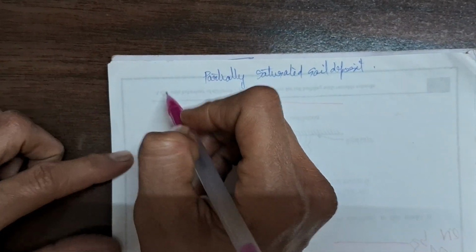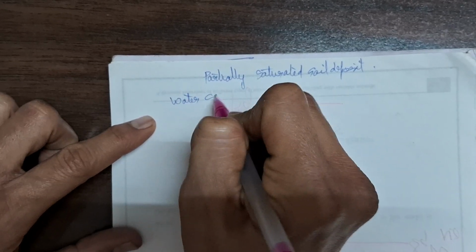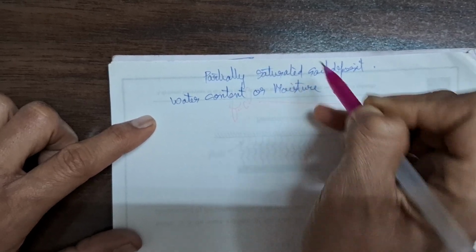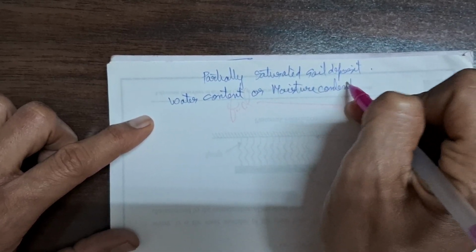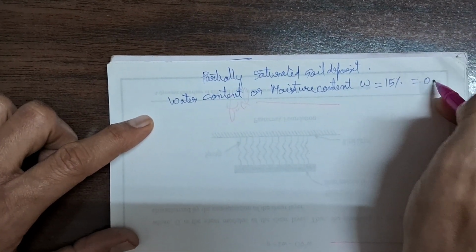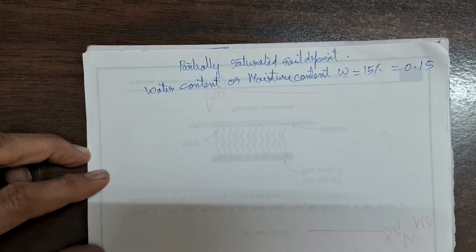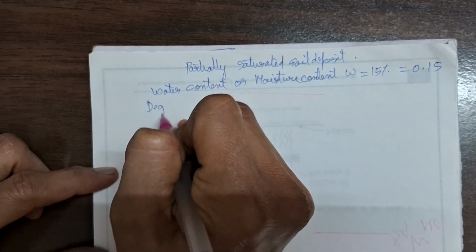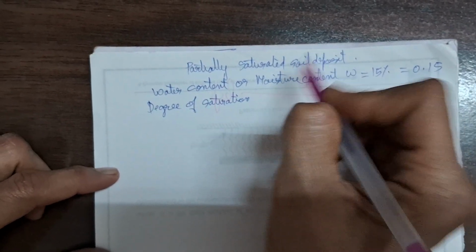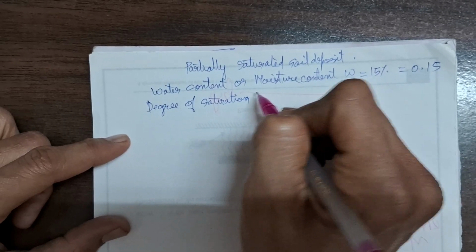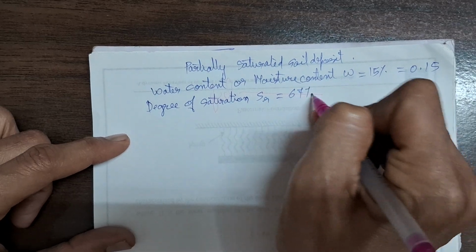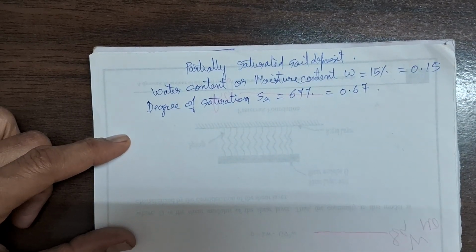Now here water content, also known as moisture content, both are one and the same thing, denoted by w, that is 15%. In decimal we will be writing as 0.15. Now degree of saturation, in some books they are writing Sr or S. Both are correct. So that is 67%, or in decimal value it is 0.67.